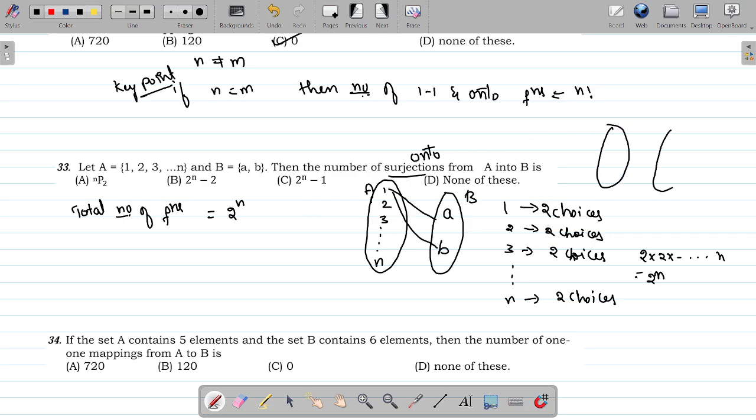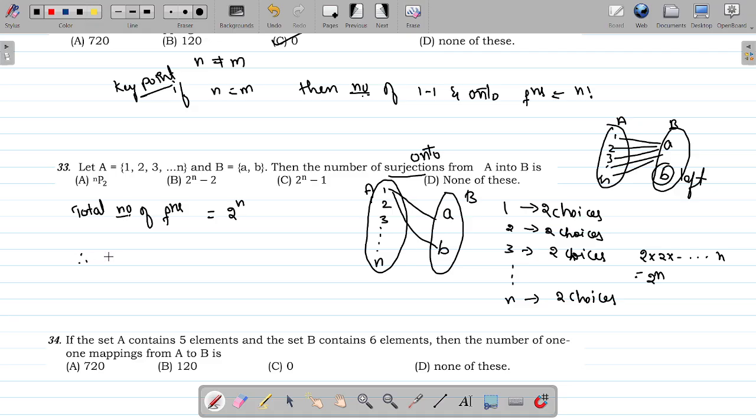For example, here I have 1, 2, 3, and so on up to n, and a, b. There are two such cases, because either all the elements of A are mapped to a only, or all the elements of A are mapped to b only. If it is mapped to a, then b is left out. If it is mapped to b, then a will be left out. So totally how many such possible cases are there? Two cases are there.